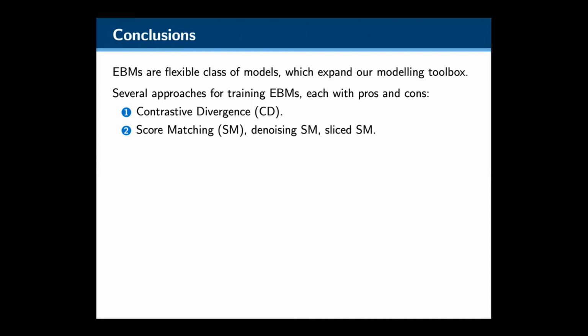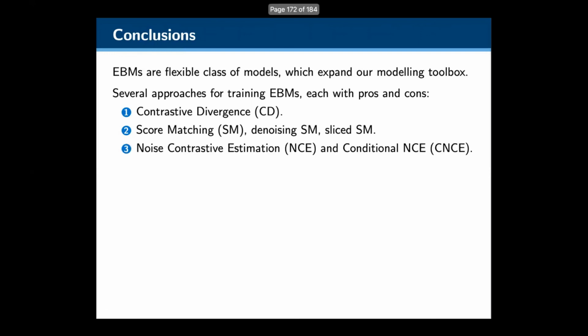Sliced score matching, again, Rich pointed out that to get good coverage in terms of these v vectors that you use to do the slicing, you might need quite a lot of them, or you might need to be smarter about how you generate them, which is a non-trivial task. We saw noise contrastive estimation and conditional noise contrastive estimation, which also come with their own trade-offs. NCE, we saw, can become quite easy, like the classification task can become really easy really quickly.